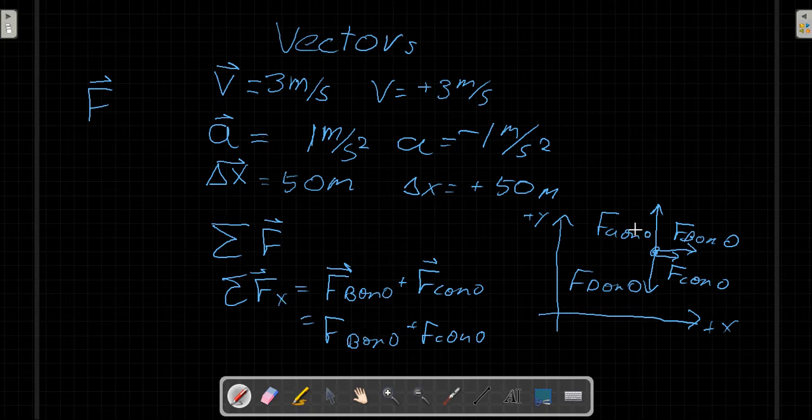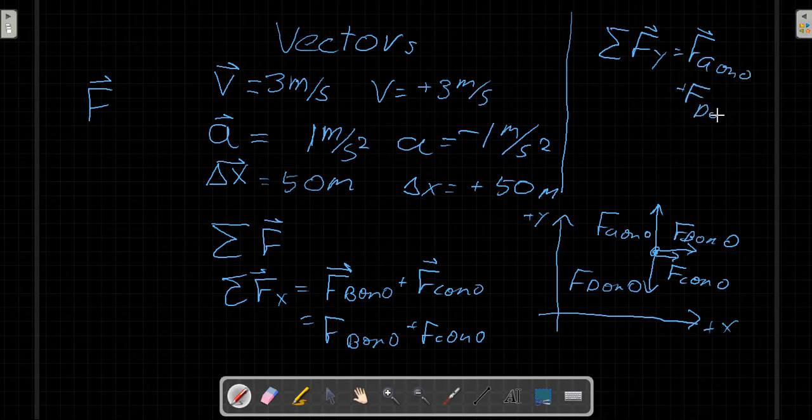You'll have to pardon me, we're going to jump up here to do the y. So if we look at the sum of the forces in the y direction, we have force A on O plus force D on O. And notice both of these are positive because I haven't defined direction.